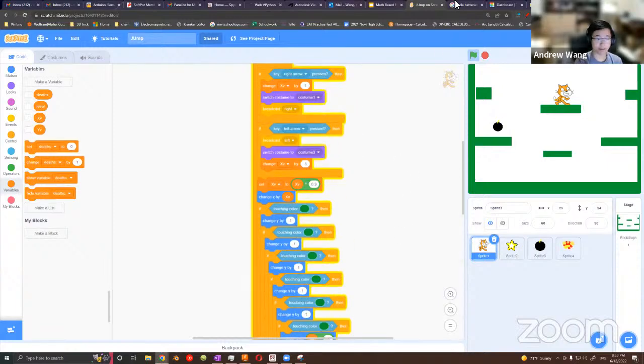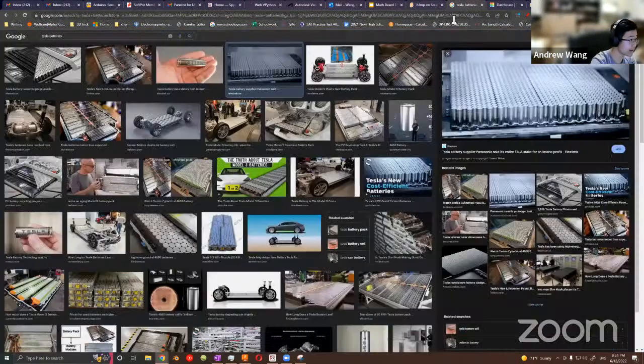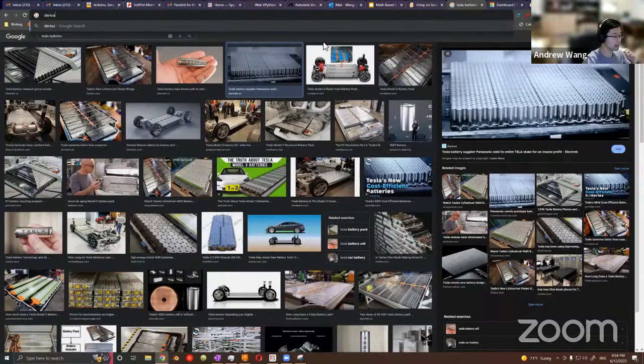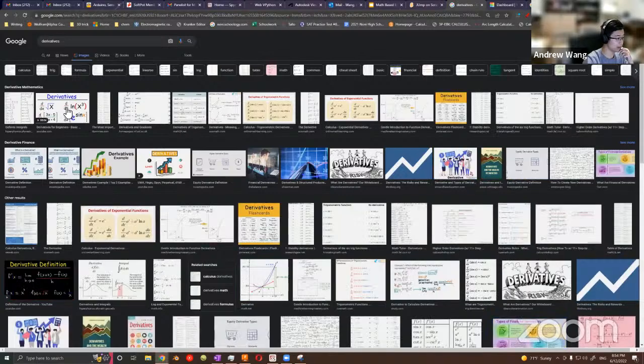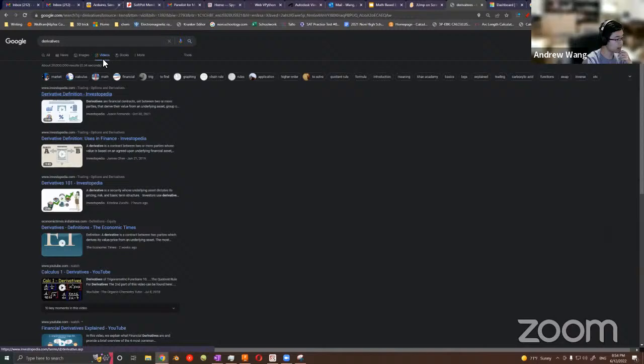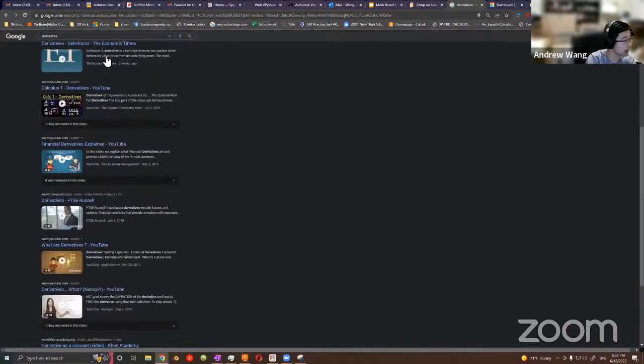If you guys want, I can give you a bit more explanation on calculus and how that intertwines with derivatives. Even if you're in lower math and don't quite know what a derivative is, let me find one.